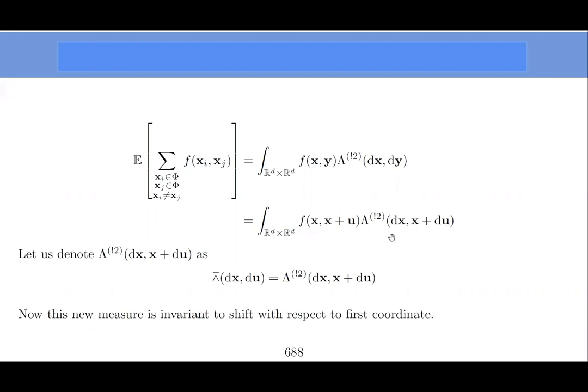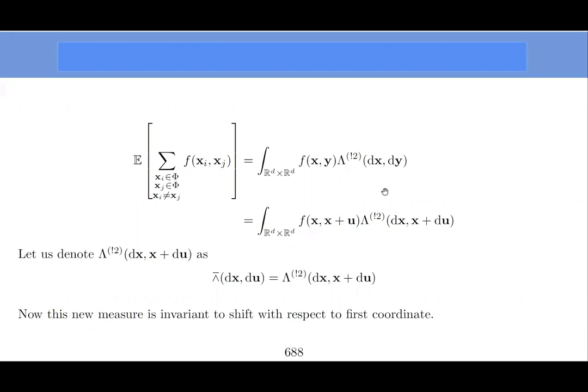Right. Now this is also a measure which tells us, given a location x, what is the expected number of pairs such that the first point is at dx and the second point is in the interval du around x.